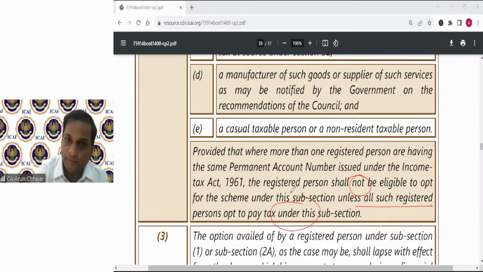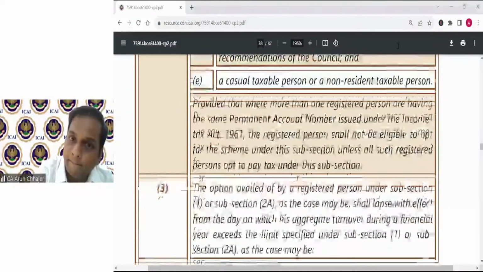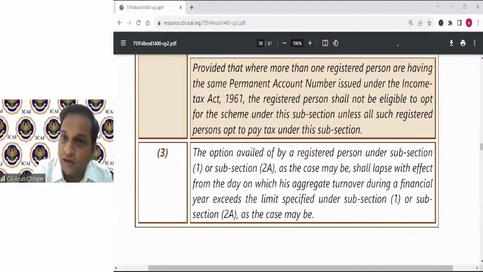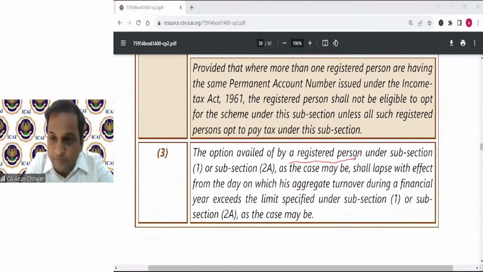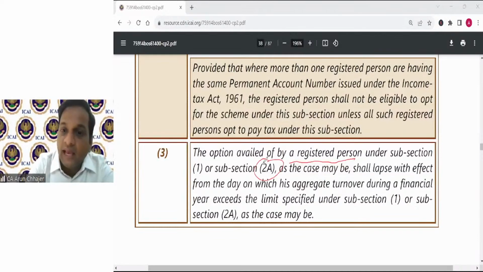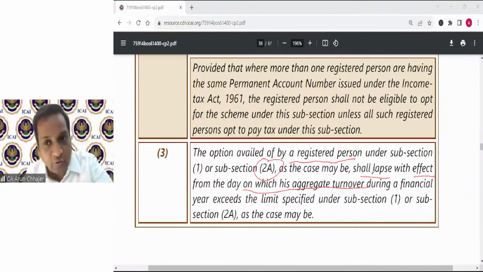Almost the same. The option availed by a registered person under subsection 1 or subsection 2A, as the case may be, shall lapse with effect from the day on which aggregate turnover during the financial year exceeds the limit specified in 1 or 2A, as the case may be.